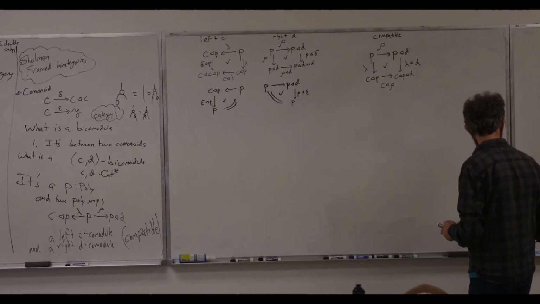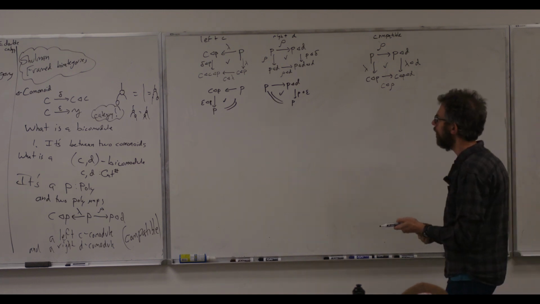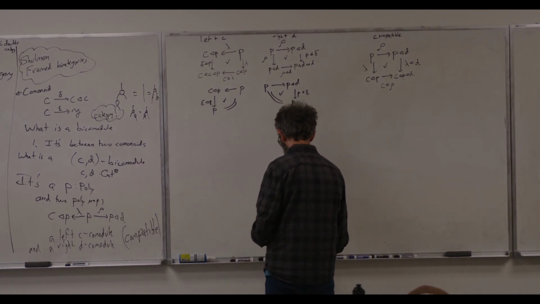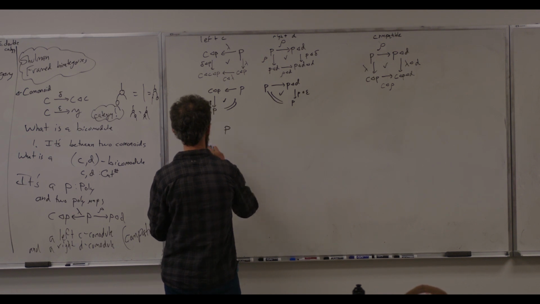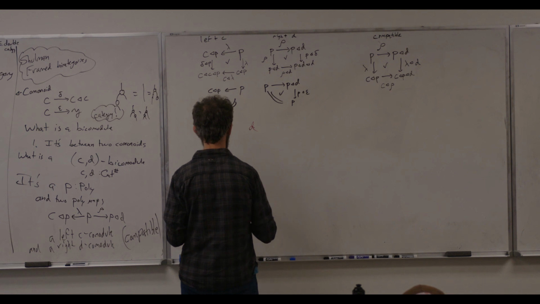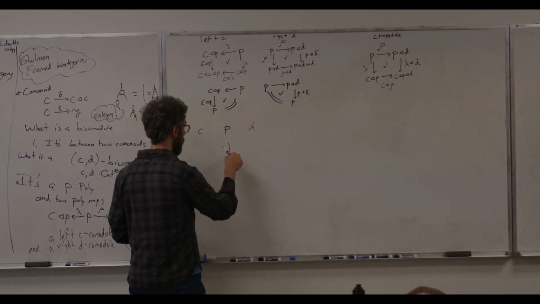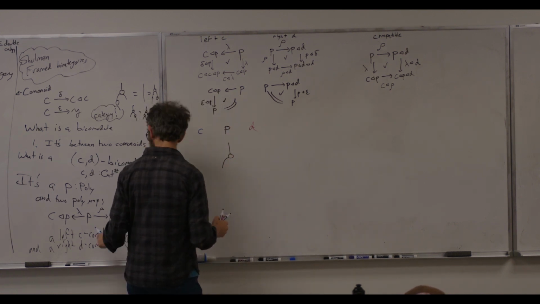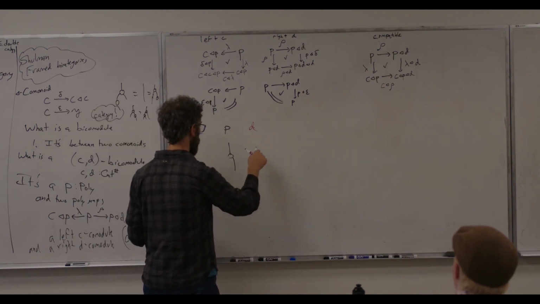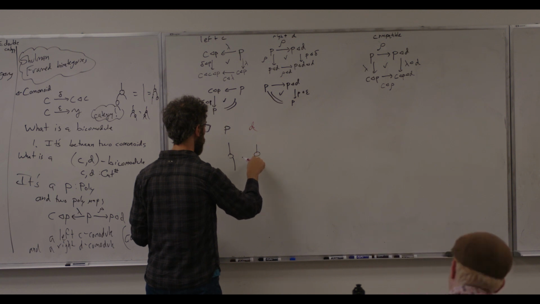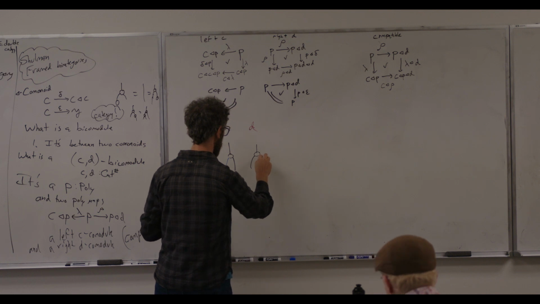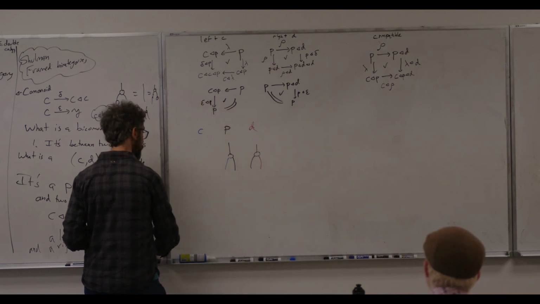Actually, I think I said I would draw a picture, so let's see if I can do it. Okay, so we have P, C, and D. P splits into C and P, and P splits into P and D. So there's lambda and rho.